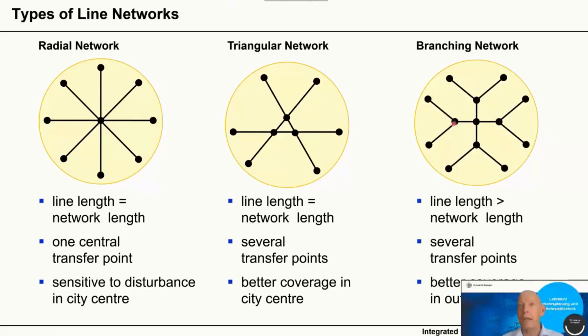And you can achieve that by overlapping the lines. And, well, in this way, you have a higher occupancy of your vehicles. It makes your system, well, in a city, you can combine it with systems like this.